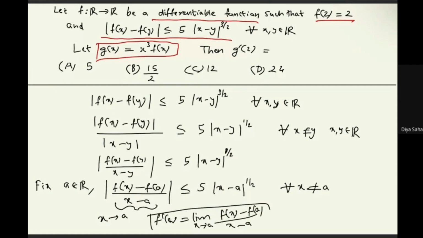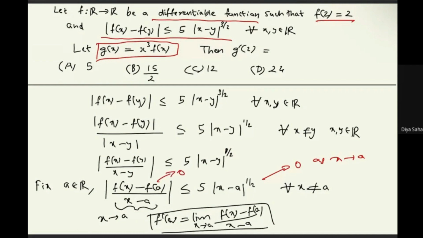From this inequality, what can we say? The right side, modulus of x minus a to the power half, tends to 0 as x tends to a. So this also tends to 0.